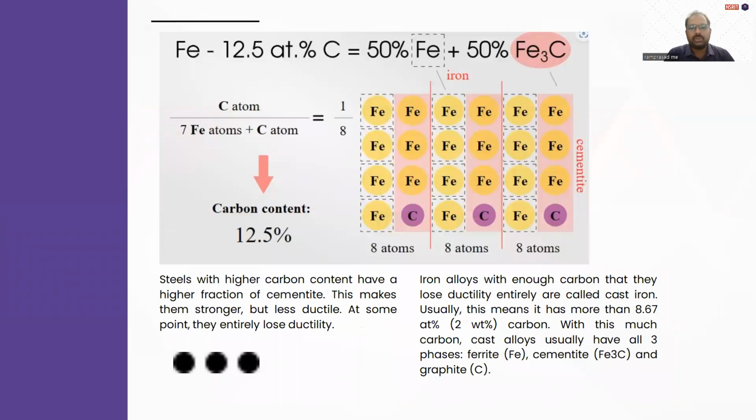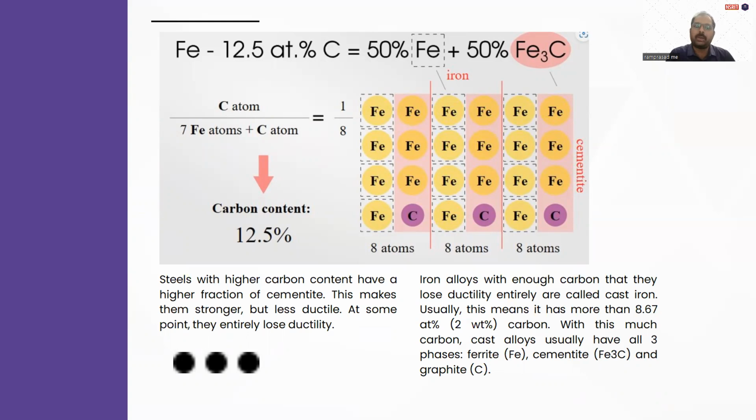Whenever carbon is added into the iron, the composition of the carbon varies the properties of the material. So we have to calculate how much quantity of carbon can be soluble in the iron.